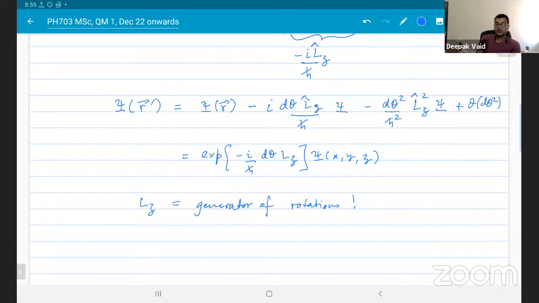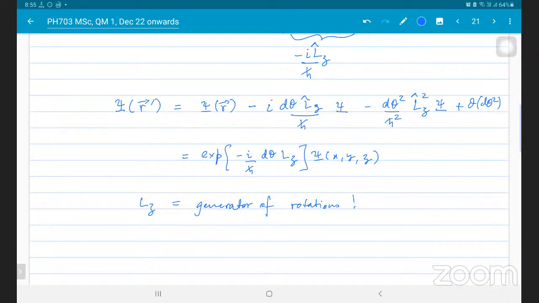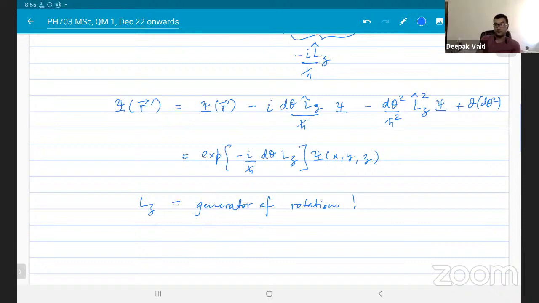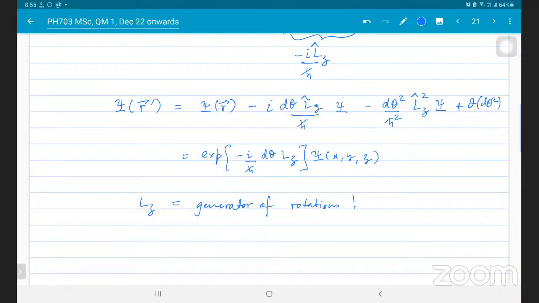Do you understand now the relationship between angular momentum and rotations? What is that relationship if you have to state it in one sentence? Yash? So it is causing a rotation in the XY plane by operating Lz.